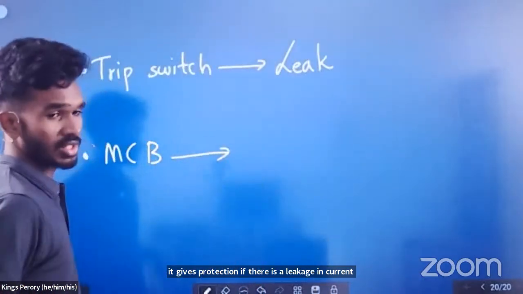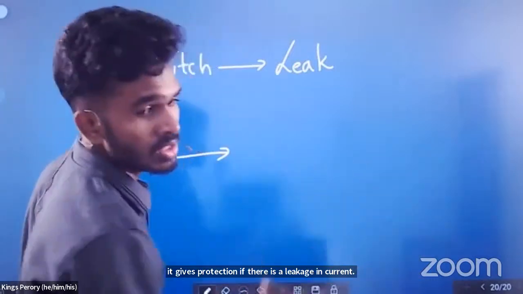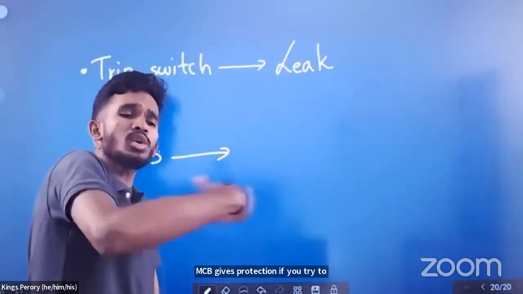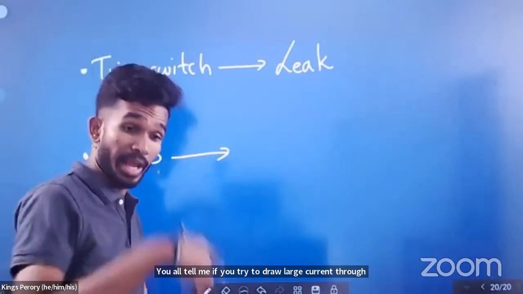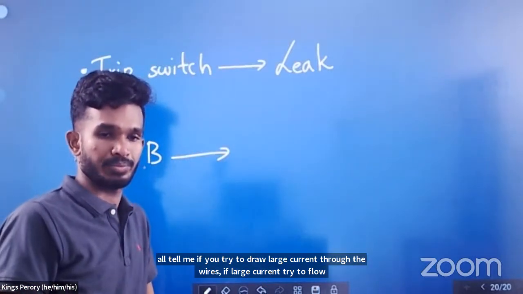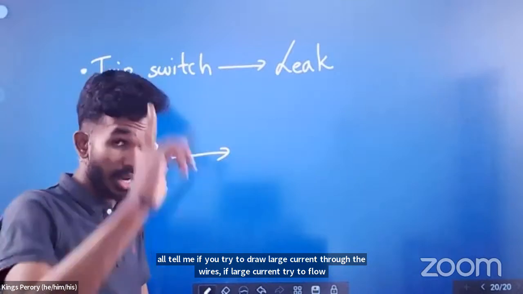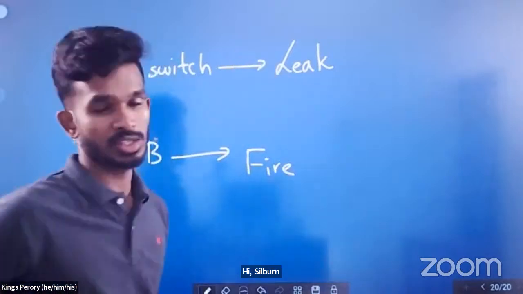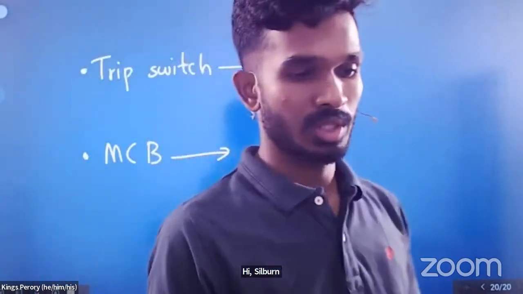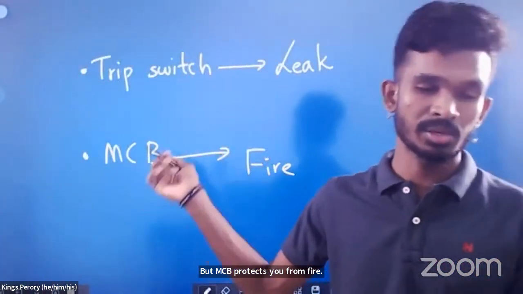MCB gives protection if you try to draw large current. If large current tries to flow through the wires, what will happen? Wires will burn. There will be fire. So MCB protects you from fire. Trip switch from leak, MCB from fire.